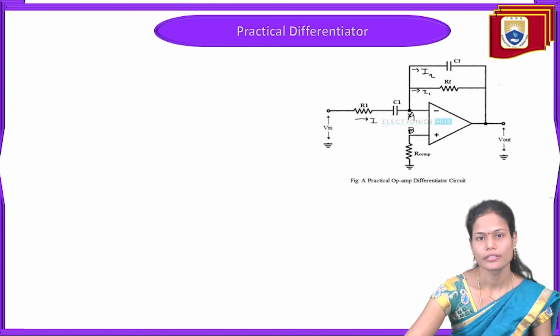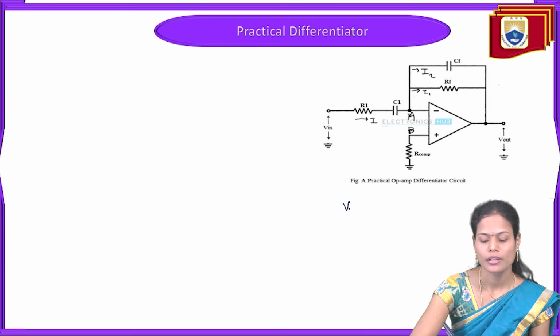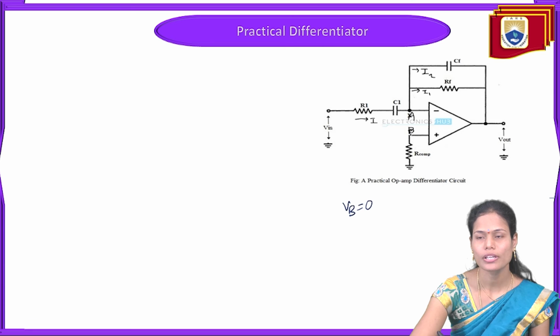So in order to find the output voltage of this practical differentiator, again we have to find the different currents which are flowing in the circuit. Before going to that, this positive terminal or non-inverting terminal is grounded here. That is nothing but the voltage at point B is 0. And due to the virtual ground concept, the voltage at VA is also 0 here.